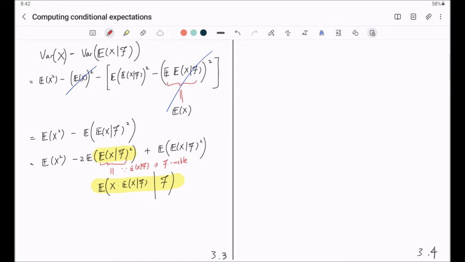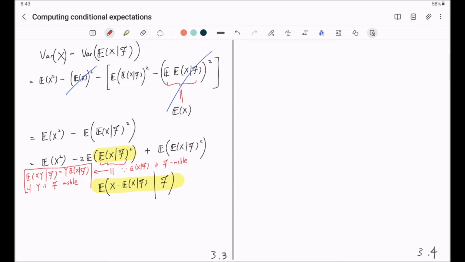And we are using the property that the conditional expectation of the product XY given F is equal to Y times E of X given F if Y is F measurable.